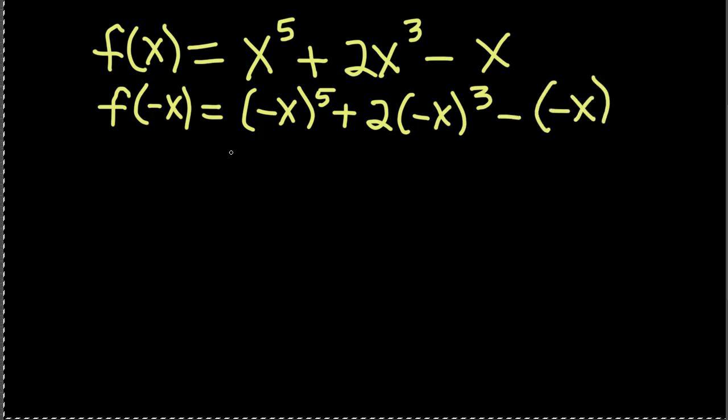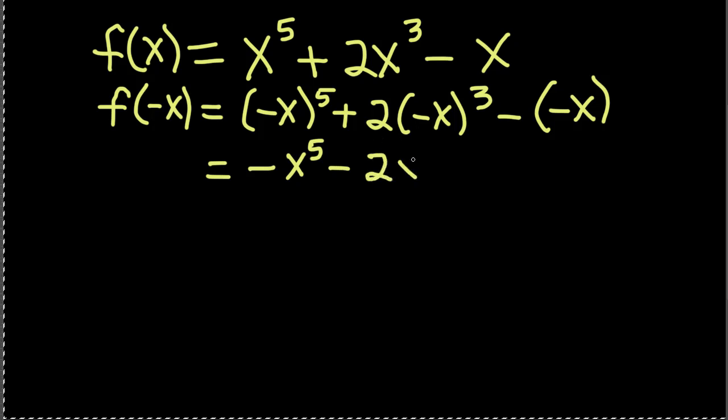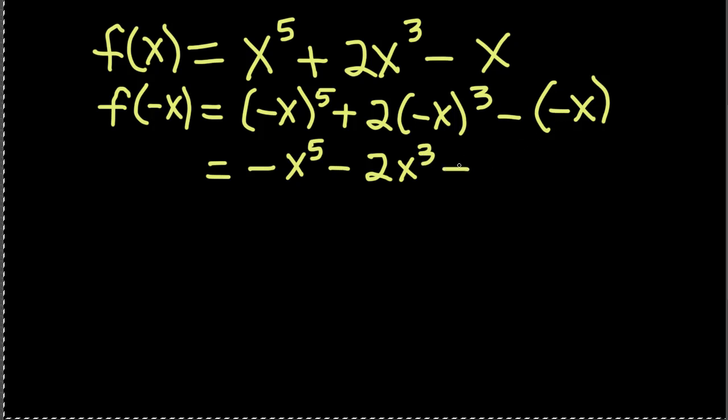And I simplify. So when I have an odd number of negatives in the exponent, it stays negative, so this becomes negative x to the fifth. And then an odd number again, that stays negative, which I'll put in front of the 2. And a negative makes a positive here.